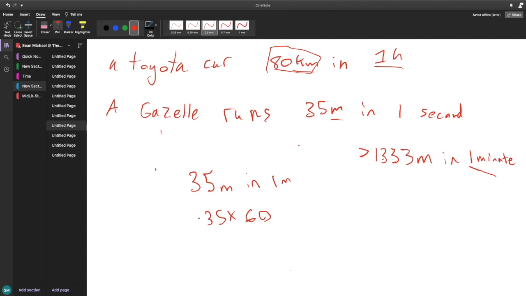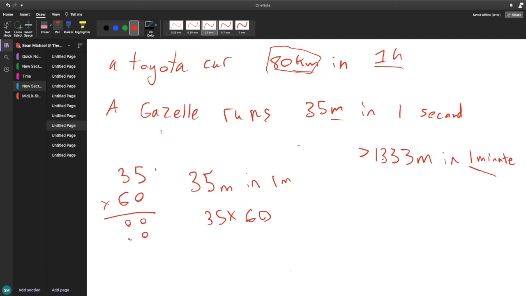So we could just stack these up, right? 35 times 60. And here we go, 0 with the 5, right? It's going to be kind of awkward, but 0 times the 3 is 0. And then we have 6 times 5. But remember, when we're on the second digit, we put a 0 to start, right? 6 times 5 is going to be 30.